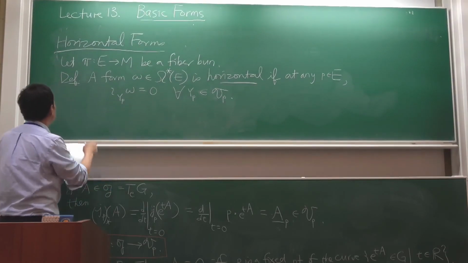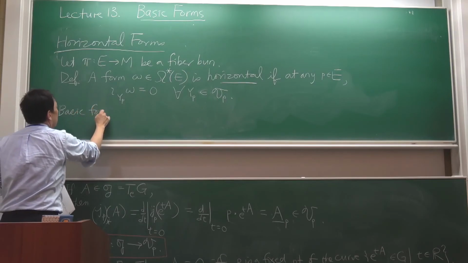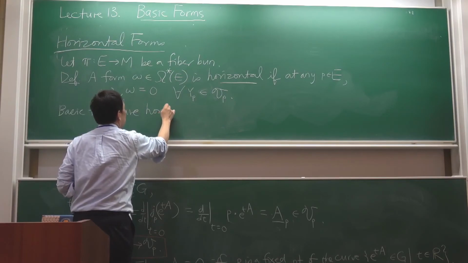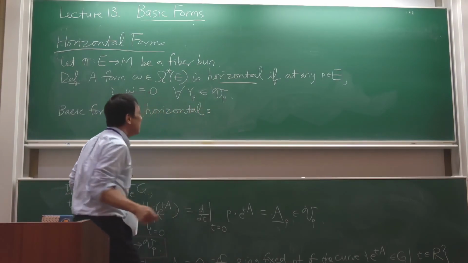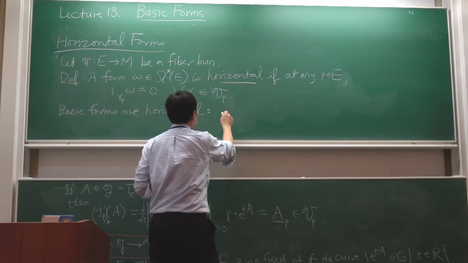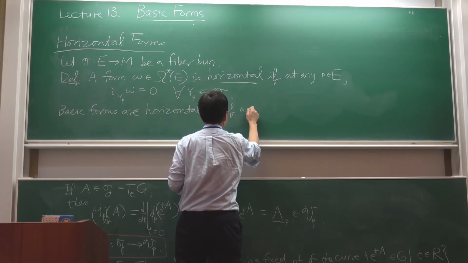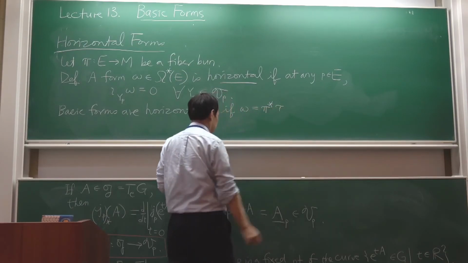Now, you see, basic forms are horizontal, because a basic form is a pullback of something.